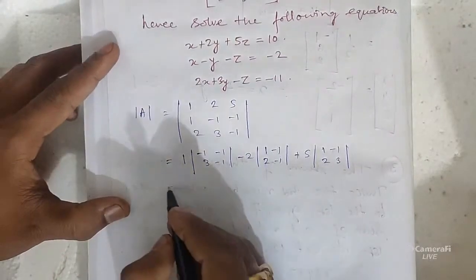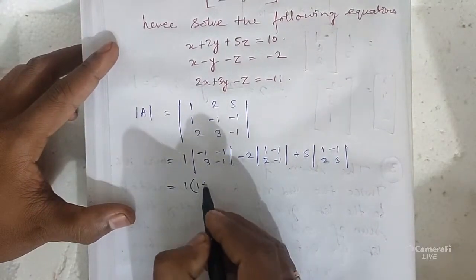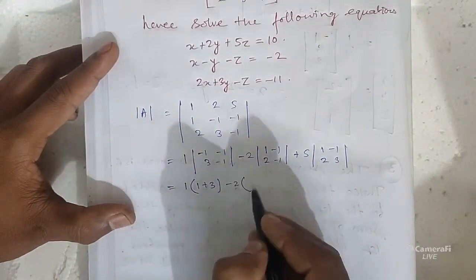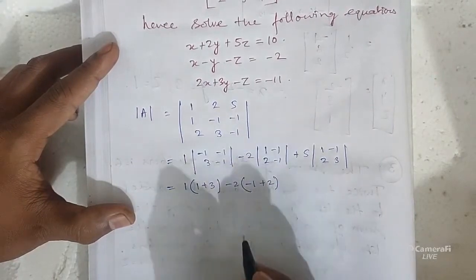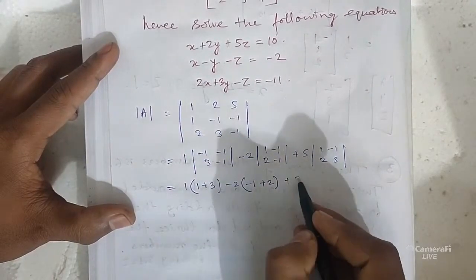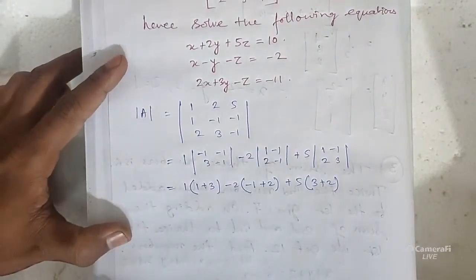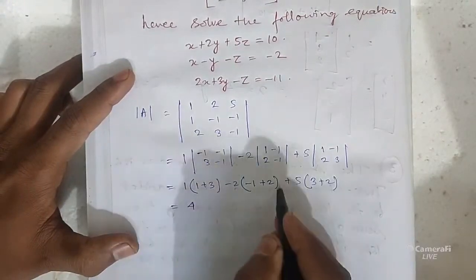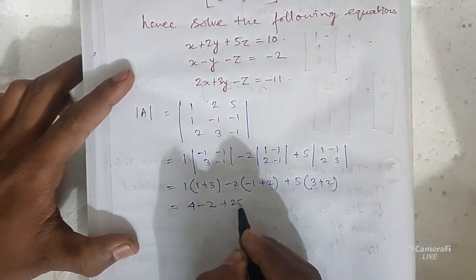That is 1 into (1 plus 3), minus 2 into (-1 plus 2), plus 5 into (3 plus 2). So you have 4, here you have minus 2, and here you have plus 25.